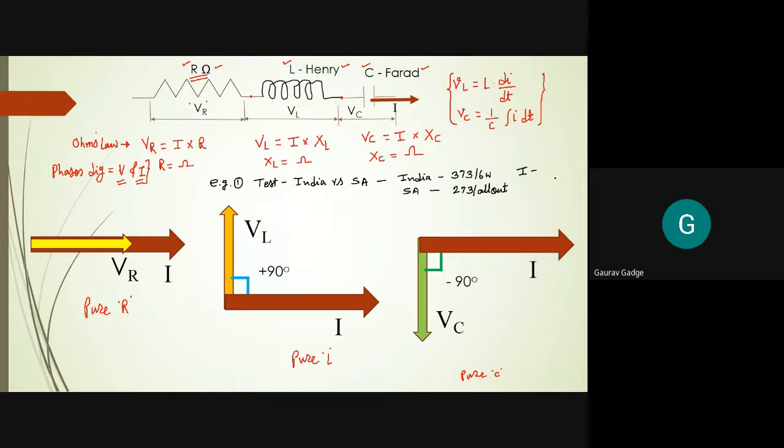The scoreboard will say, the commentator will comment that India leads South Africa by 100 runs. That is, India is ahead of South Africa by 100 runs. That is one way of saying it. The other way, which we generally don't use, is South Africa lags India by 100 runs.